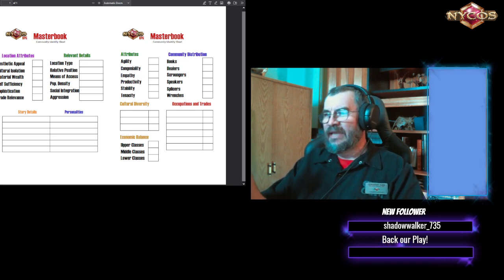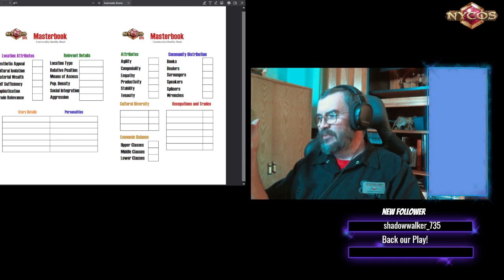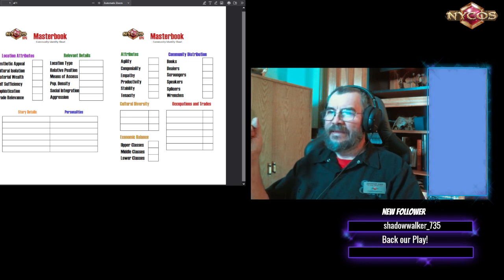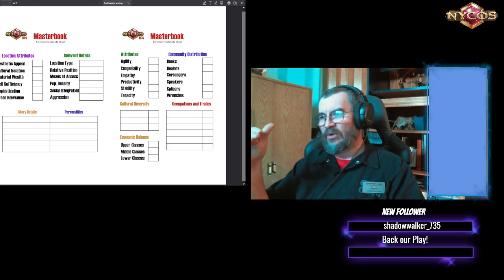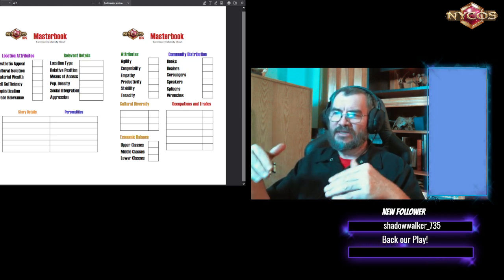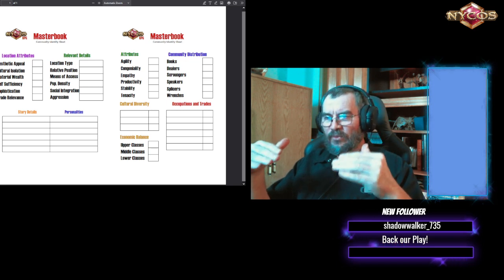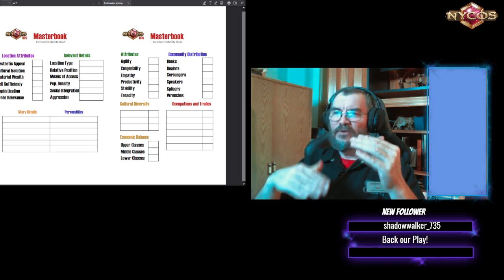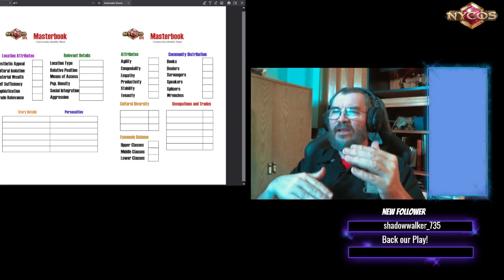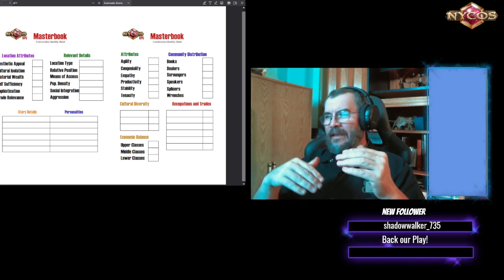The location attributes have to do with a separate facet, and that one we're going to cover next. The locational attributes are referring to how this community responds and what defines the values and the ideology of this community.